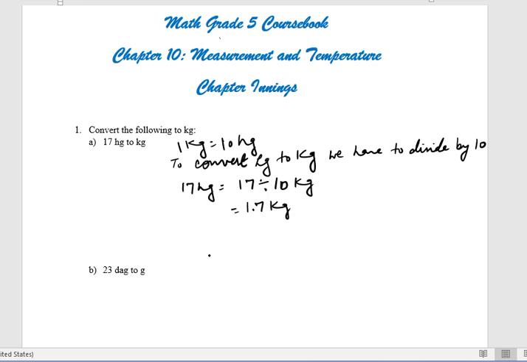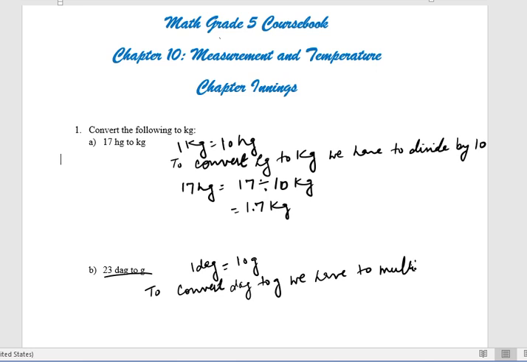Let's do the second one. This is decagram. 23 decagram to gram. 1 decagram equals 10 grams. So to convert decagram to gram, we have to multiply by 10.